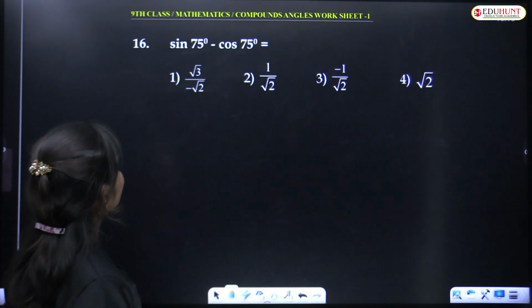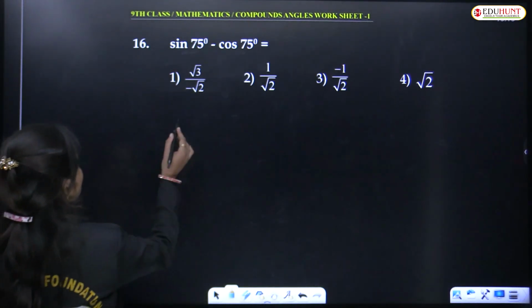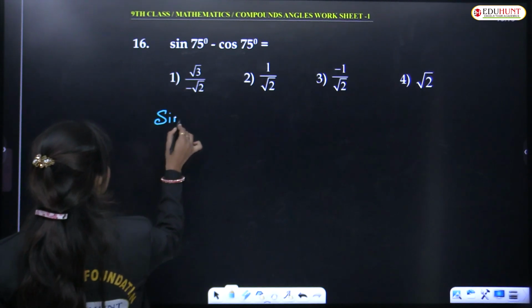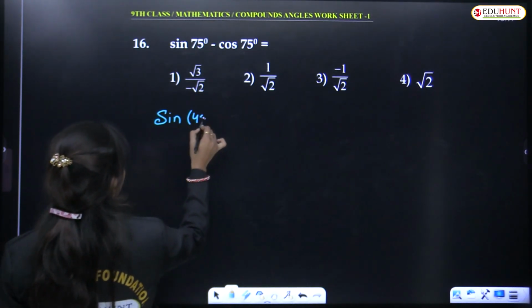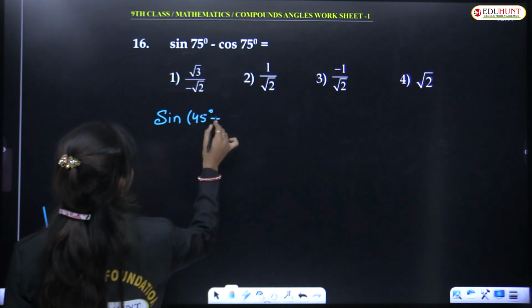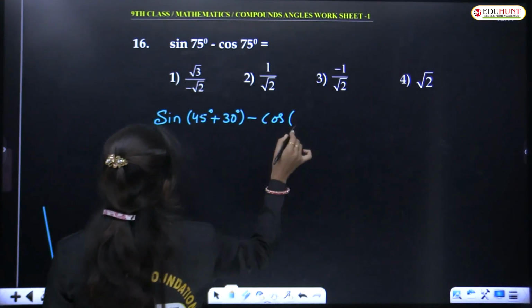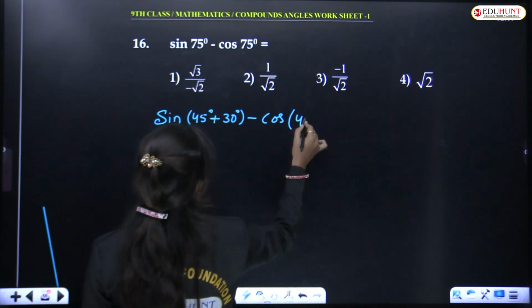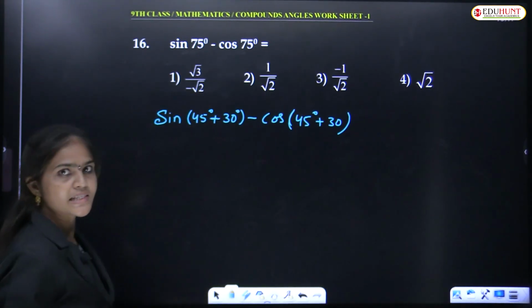Sin 75 degrees minus cos 75 degrees. This is also like that only. We did the previous one just now. So this one we can write as sin of 45 degrees plus 30 degrees minus cos of 45 degrees plus 30 degrees. 45 plus 30 is 75 only, no?